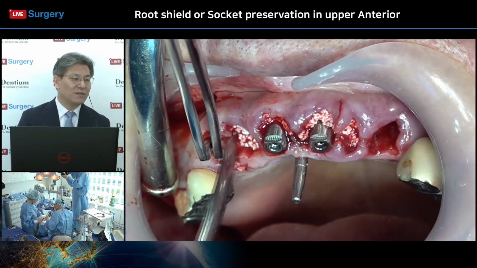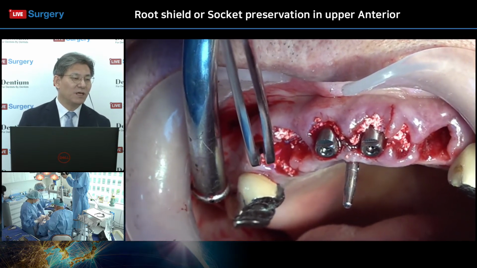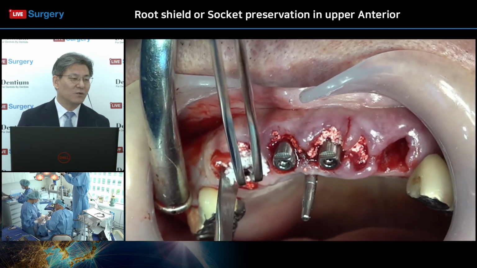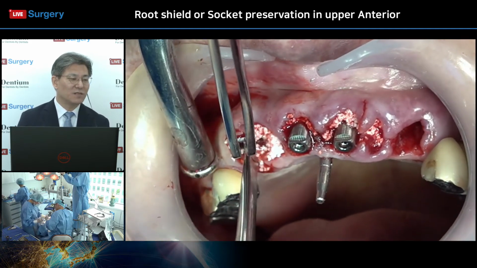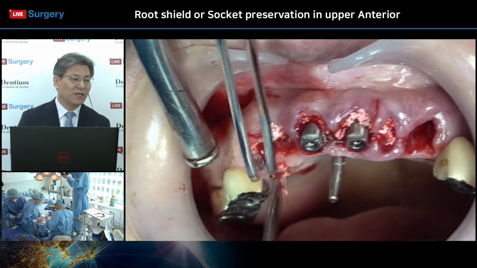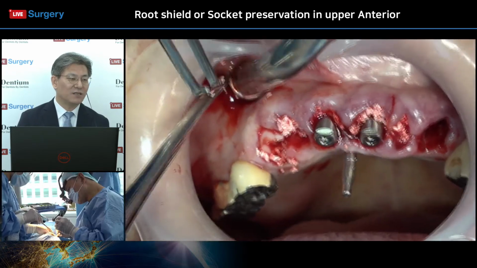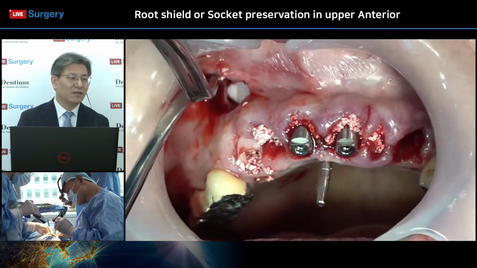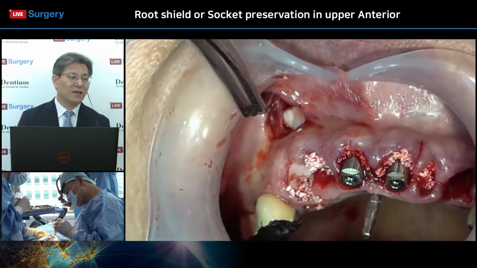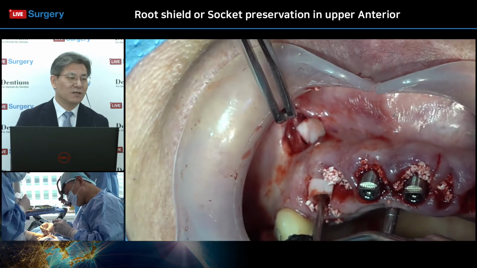So Dentium collagen membrane is the preferred one for me. I always use this Dentium collagen membrane because it is long-lasting. So for a big GBR site, it doesn't matter. This collagen membrane can survive over 6 months and maintain the whole GBR area.